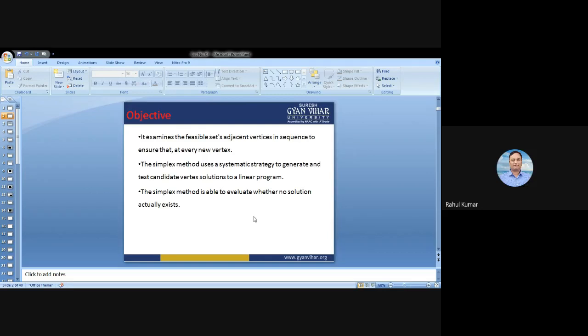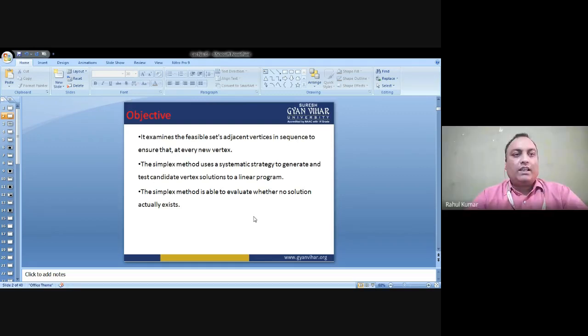The simplex method uses a systematic strategy to generate and test candidate vertex solutions to a linear program, and it is able to evaluate whether no solution actually exists.